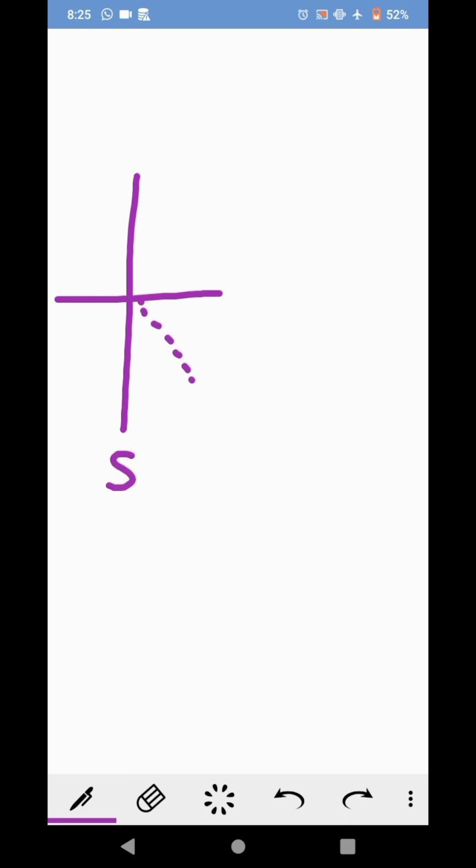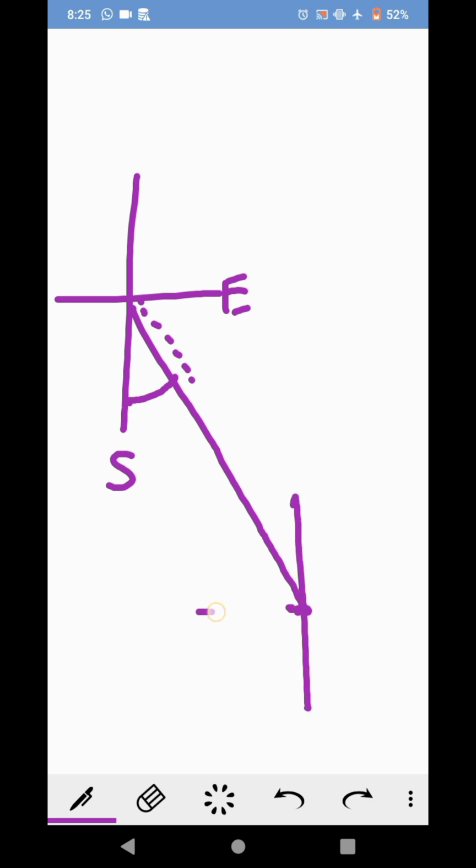Okay, so we have this to be our 45 degrees. Moving from the south towards the east, 40 degrees, you're not touching the 45, you stop there and draw this. So this is the direction of point P. We draw our cardinal point there.